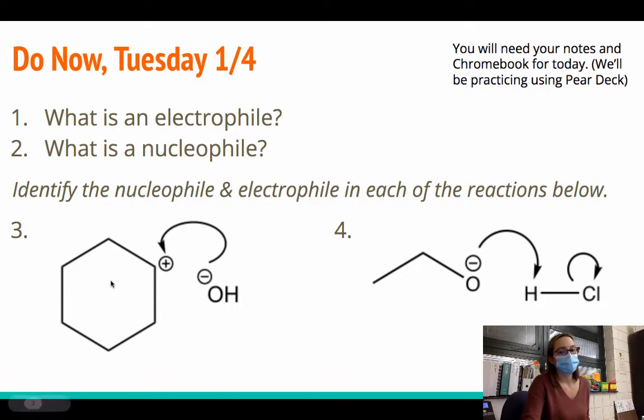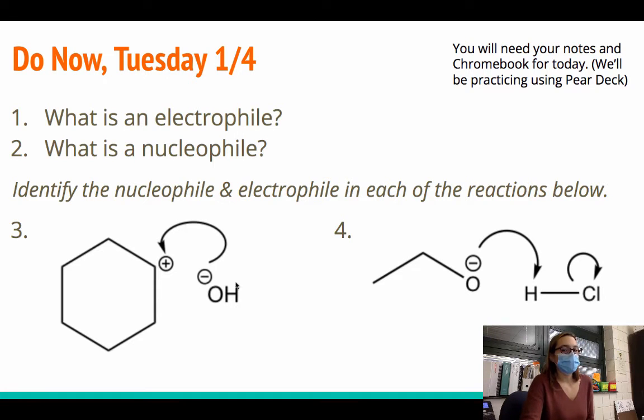You don't have to redraw this necessarily. You could just put E, comma, N. The electrophile comes first, then the nucleophile. So this is the electrophile. This hexane, because of this positive charge, wants electrons here. Carbon doesn't want to have a positive formal charge.